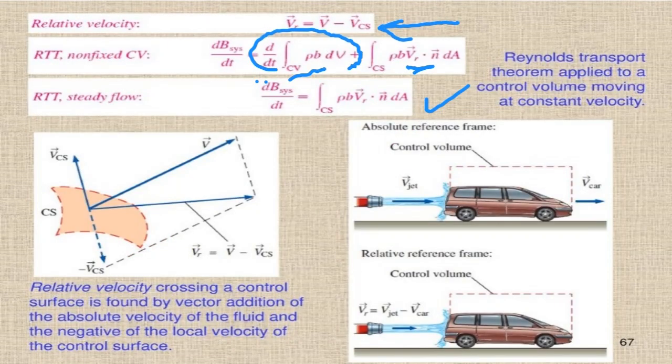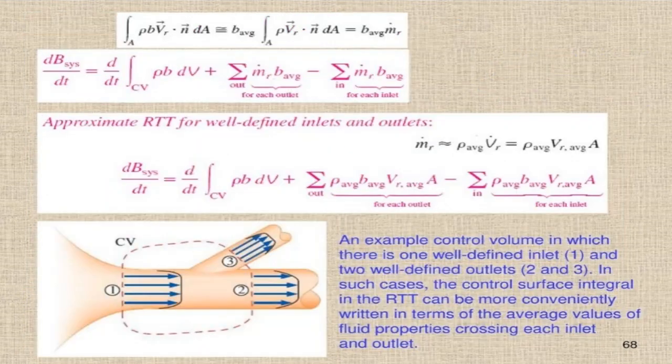If the intensive property B is constant, then we can write the amount of flux coming into the system or leaving the system as B average times m dot r. M dot r is the relative one.